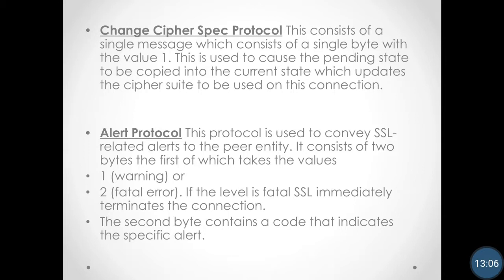In a fatal error, we immediately terminate the connection and re-establish the connection again. For a warning, we do not terminate the connection. In the second field, the alert field, it contains a code that indicates the specific alert related to any of the messages.